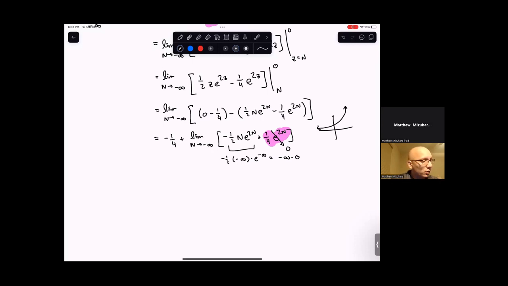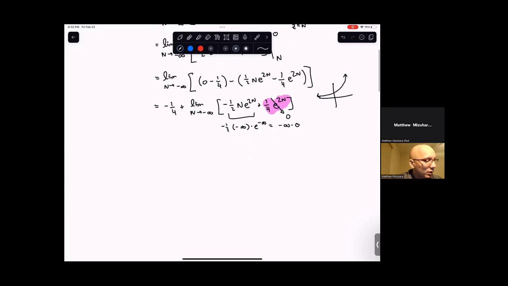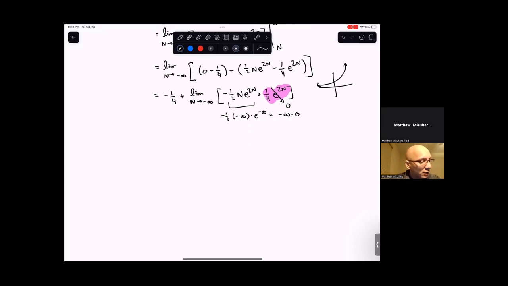So what I need to do is evaluate this limit using L'Hopital's rule. Okay. So what should I do? Maybe I should do this as sort of a side problem. So maybe on the side of my page, I'll set up the limit as n approaches negative infinity of, I can ignore the negative 1/2 and leave it for later, so I'm just going to calculate n e to the 2n.